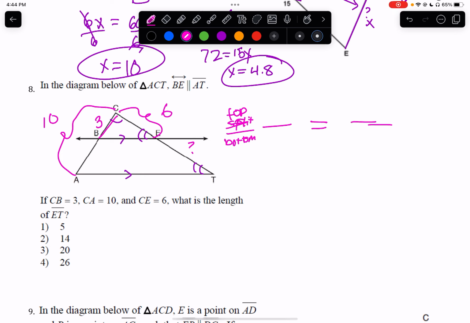So we have 6 over x, because x is what we're solving for. 3 is the top. The bottom in this case is going to be 7. So we have 3x is equal to 42. 42 divided by 3 gives me 14.